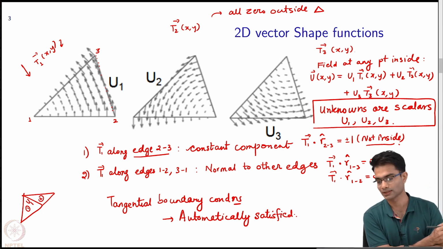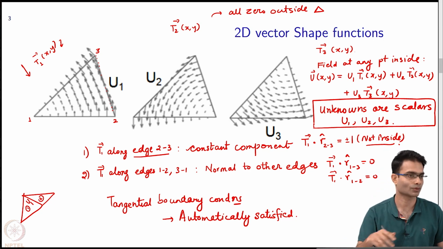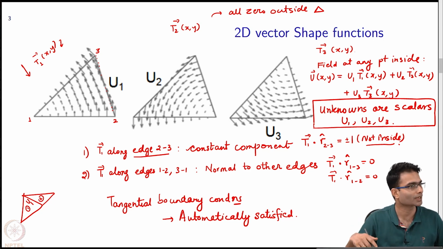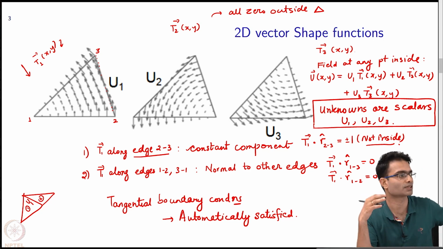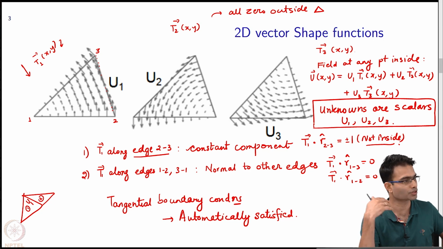People went through a lot of effort to construct these so as to have these properties. It is not just a happy coincidence, they designed these basis functions to have these properties, because if you are getting boundary conditions being satisfied for free, your solution is bound to be more accurate.